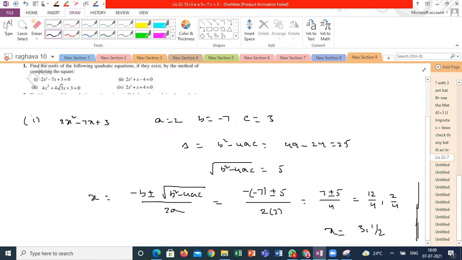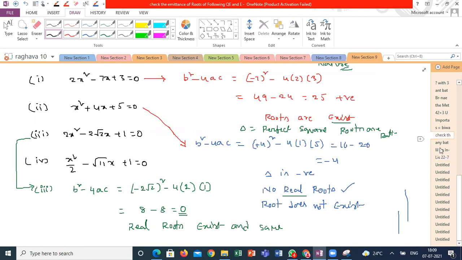So what about the second question? Are roots existing or not? Second question, roots are not existing, correct? Because the delta is negative.